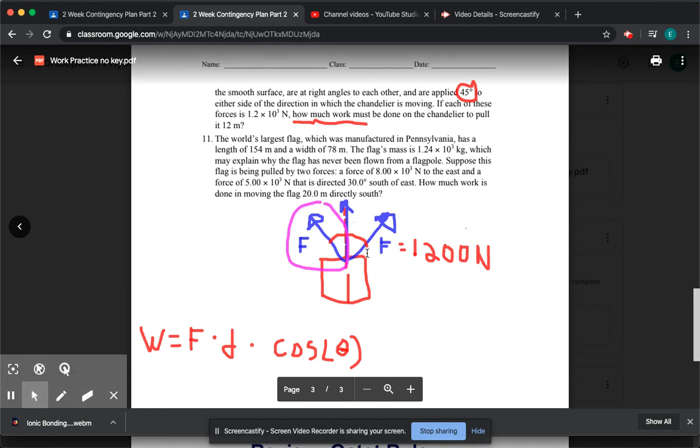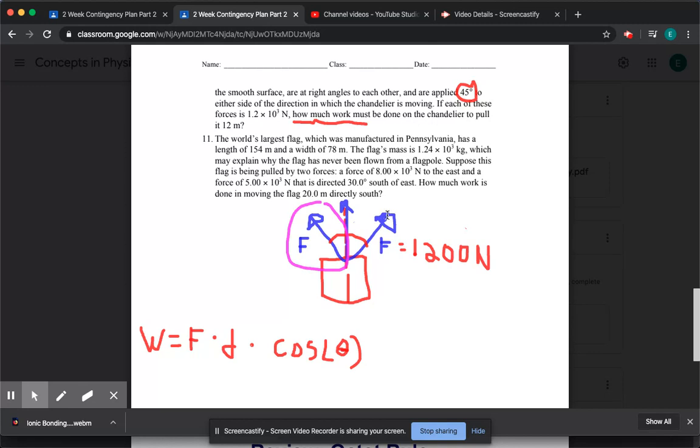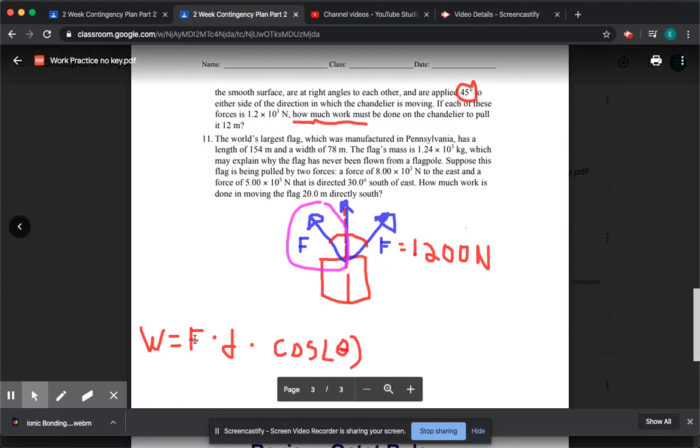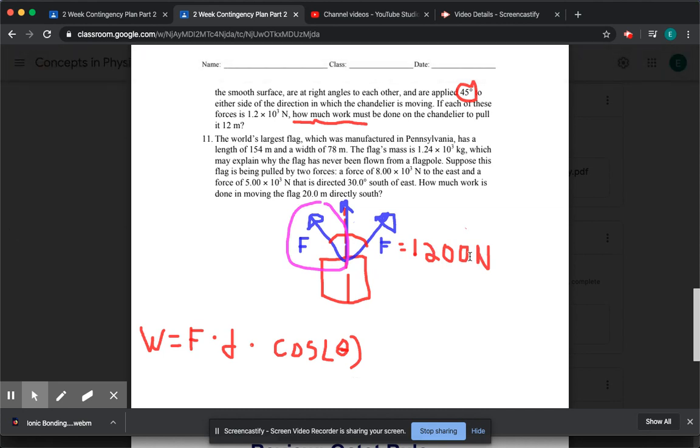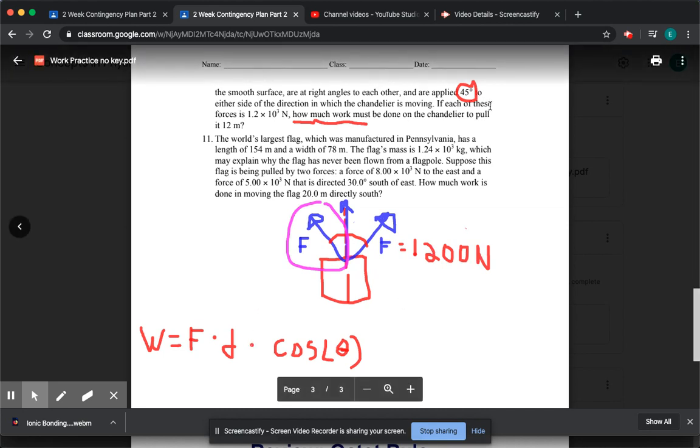If we did the problem with only one of these arrows, your F in this case would be your 1200. Your D would be 12. So let me write that down. From the problem, we have D is equal to 12 meters.